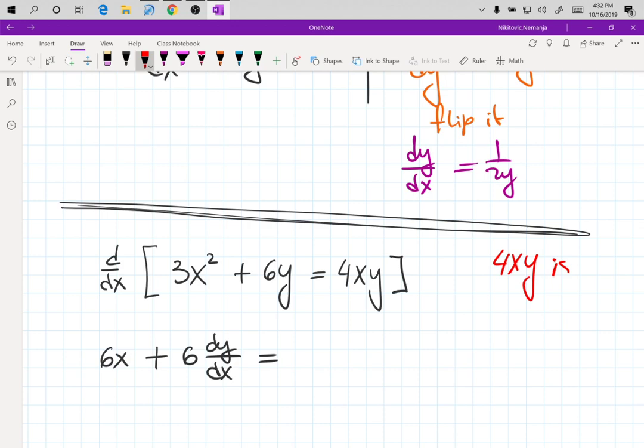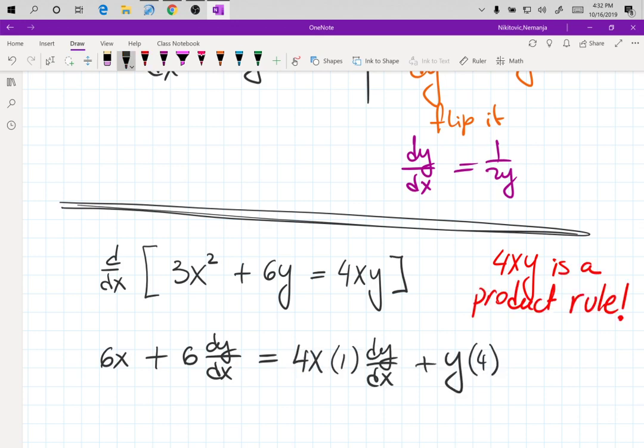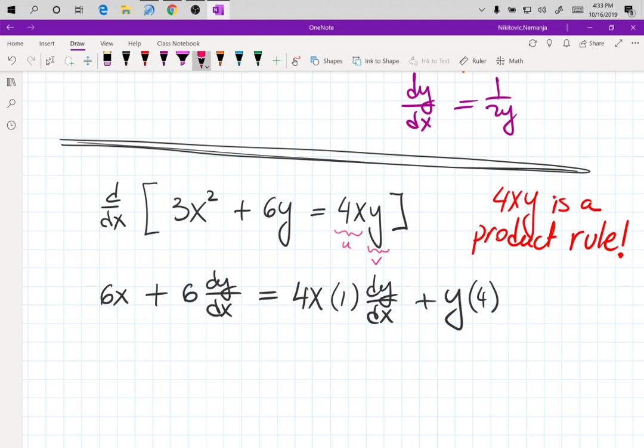Derivative of the first is 4 dx/dx. Now we massage this with algebra to get dy/dx alone, and we are done. So, product rule, we have our u, we have our v prime, plus we have our v, and we have our u prime. So product rule is 100% there.